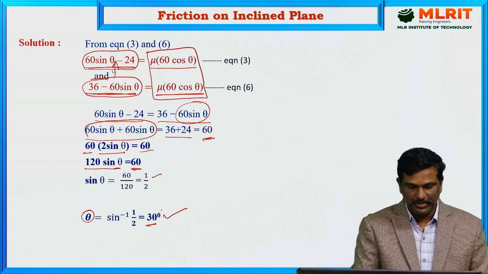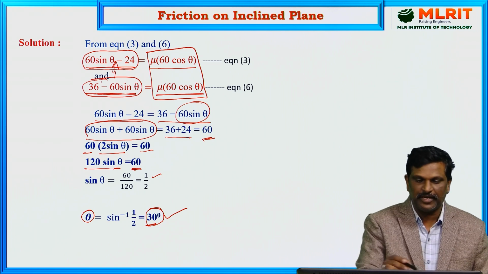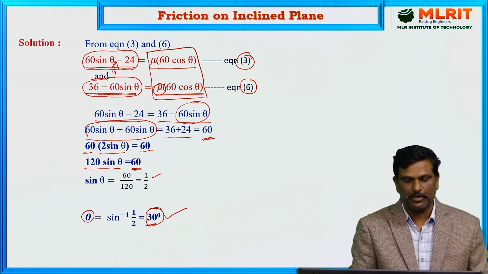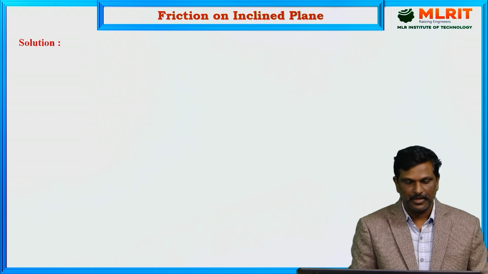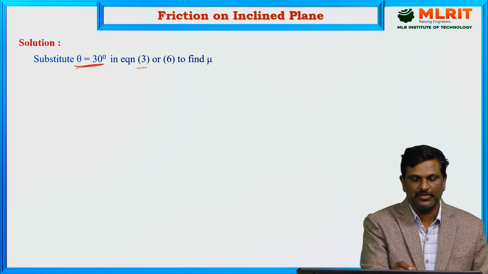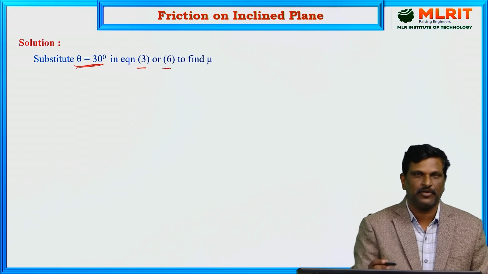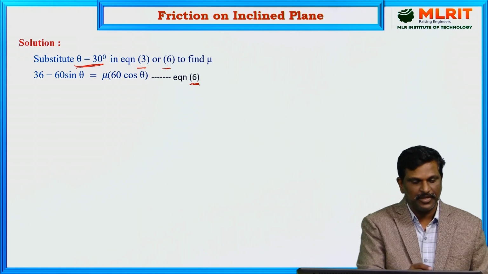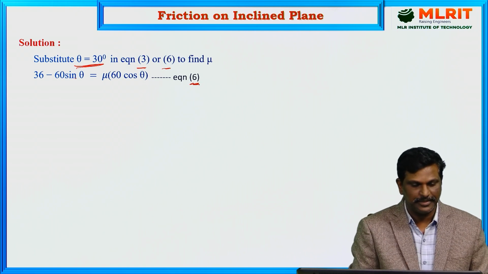Now, by substituting this theta value in any one of the equations, either equation number 3 or equation number 6, we can calculate the coefficient of friction. So, here I am substituting in equation number 6, theta equal to 30 degrees.